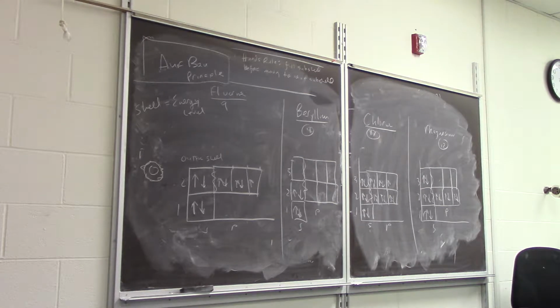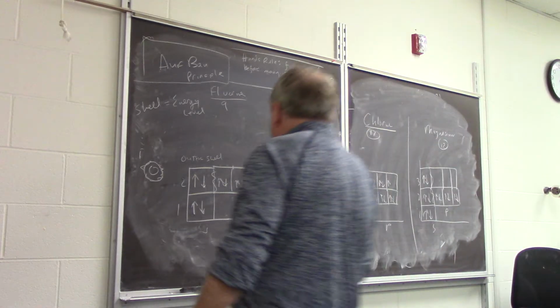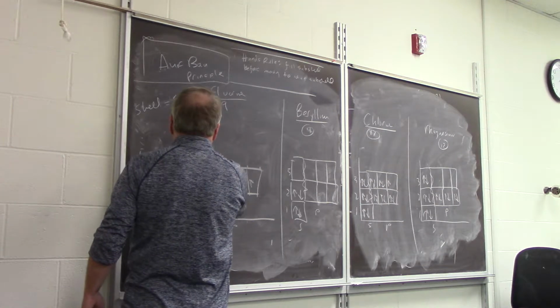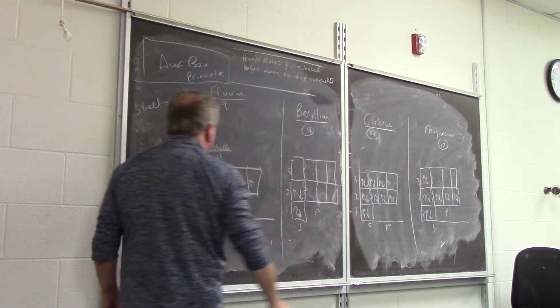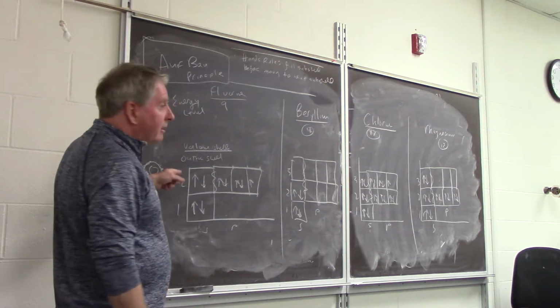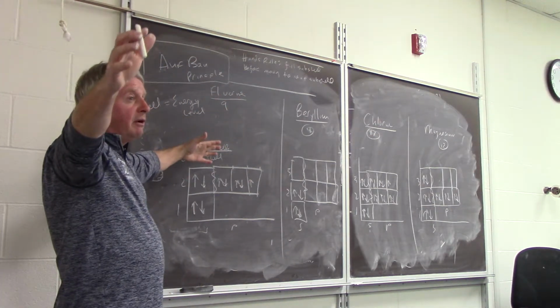The outer shell of an atom is called the valence shell. Why? Because it's a curtain. It's the outside, the curtain of the atom. It's the valence, it's the veil. So the outer shell is called the valence shell, and that's the thing interacting with the world.